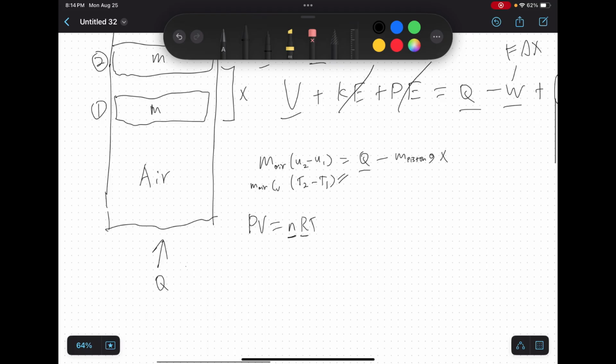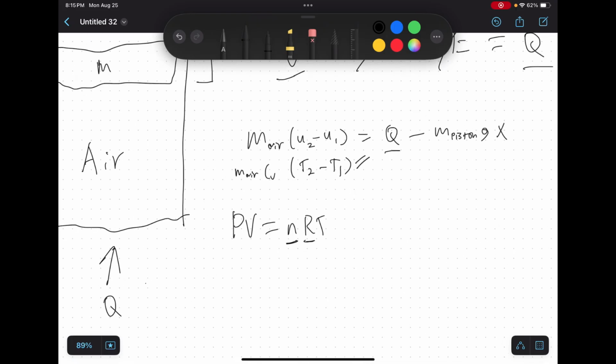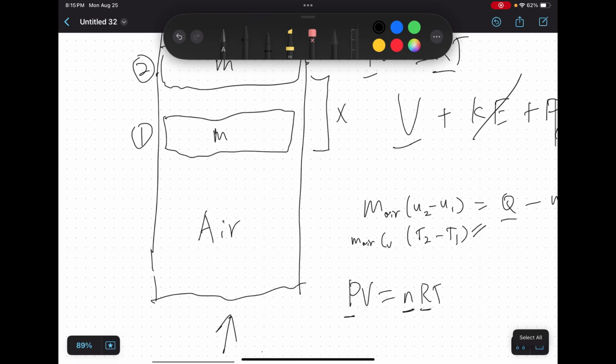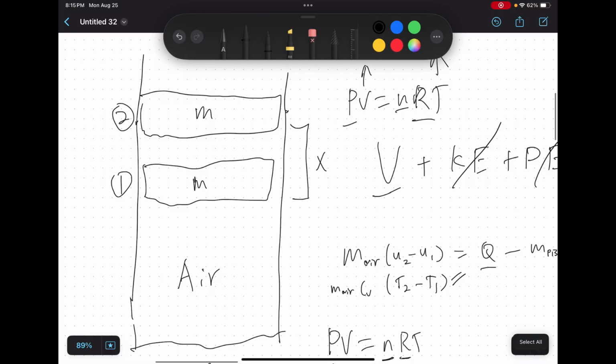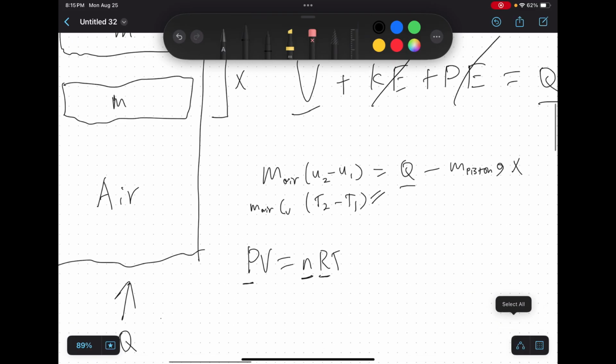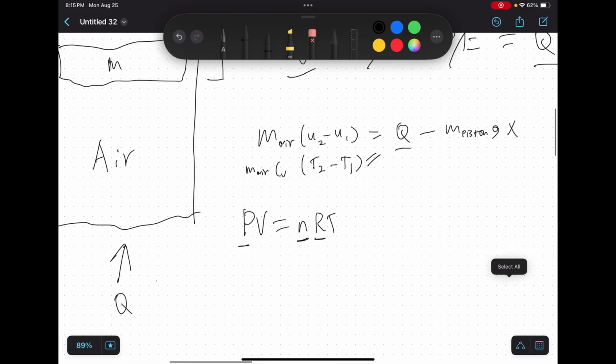R is the same because it's air. If it somehow switched to a different thing, then R would change, but in this case it doesn't. P is the same because the pressure is set by the weight of the floating piston, and the floating piston is the same weight at state 1 and state 2. So now you can relate V and T.